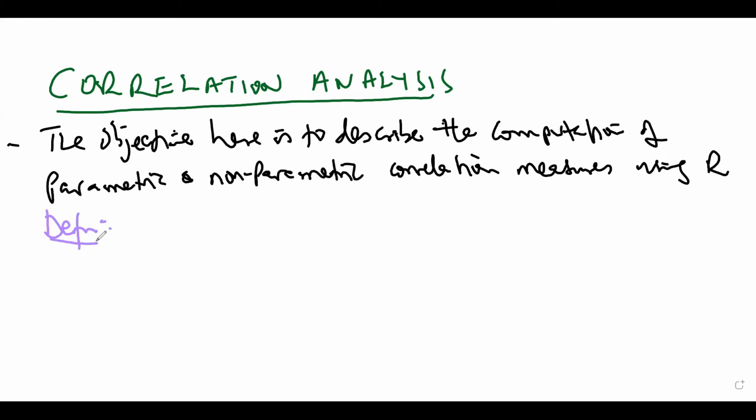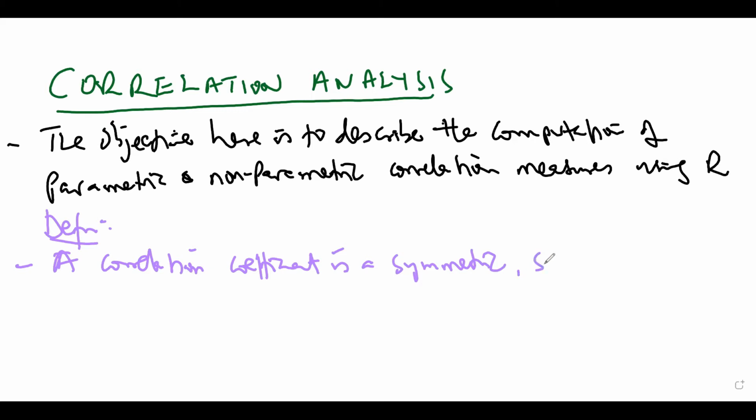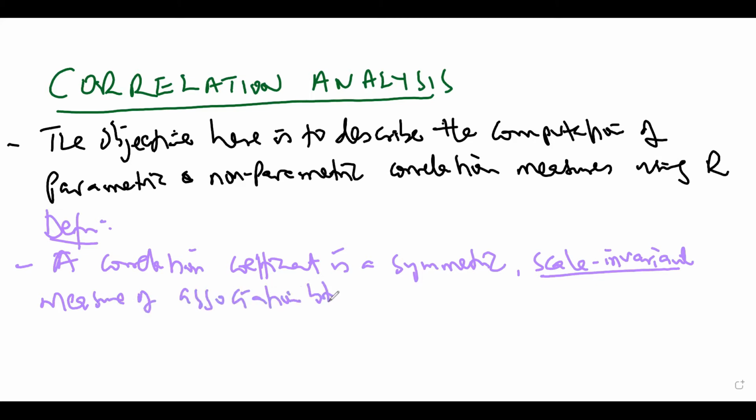A correlation coefficient is a symmetric, scale invariant measure of association between two random variables.